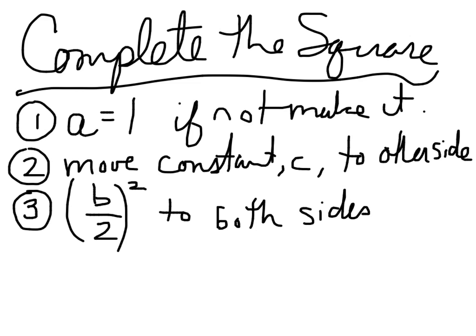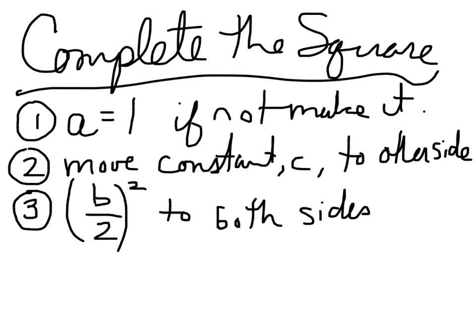Where is the B located at? It's usually in the middle, or the second one. It's the one in front of the x. Okay? So A was in front of x squared, B was in front of x, and C does not have an x. All right? Is everybody okay with that? And you'll see when we go through one, you'll see how it works.